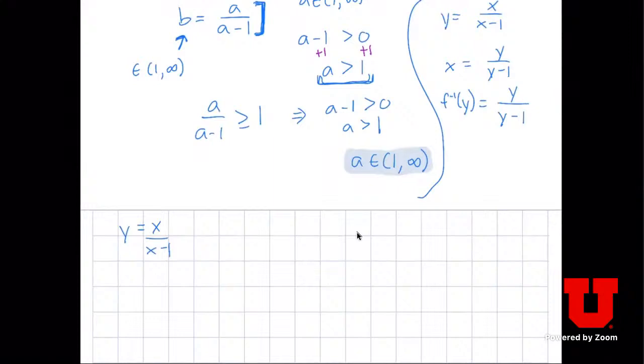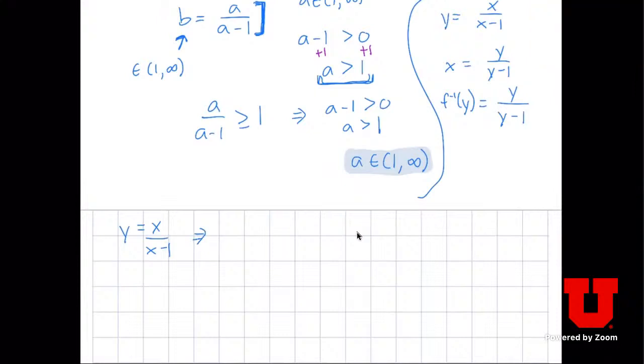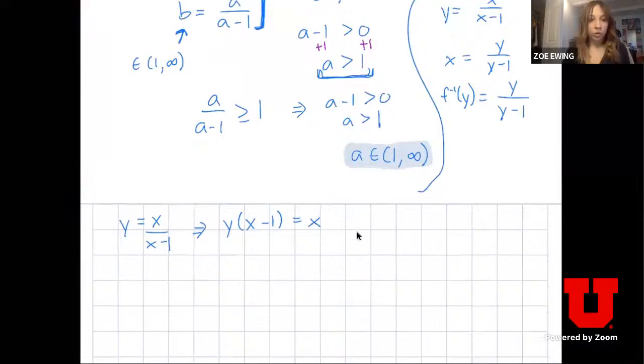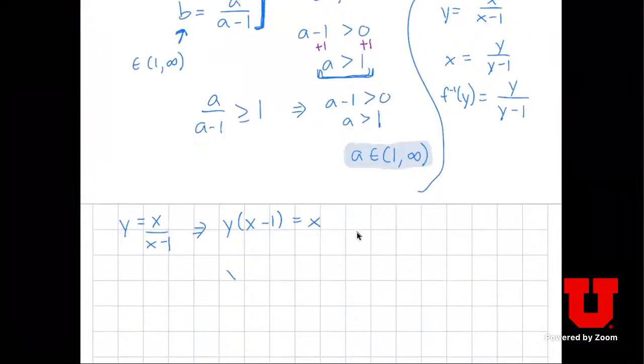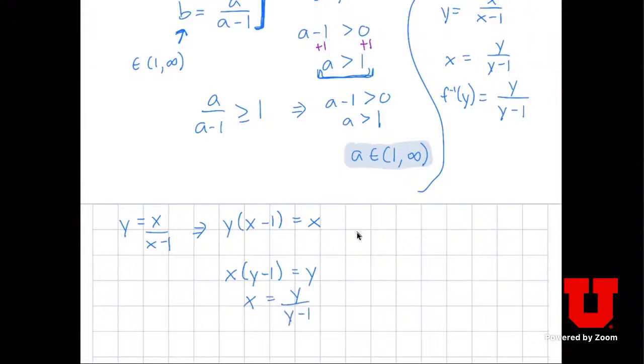Yeah, that is the original function. So that would be y times x minus 1 equals x, yes? Okay, and then you would switch the variables here to find the inverse and you would get y times x minus 1 equals y, and it would still end up with the same y over y minus 1. I got you.